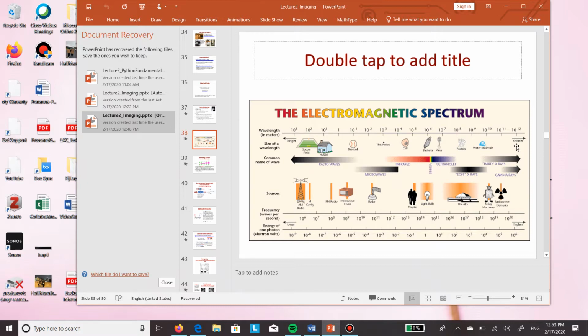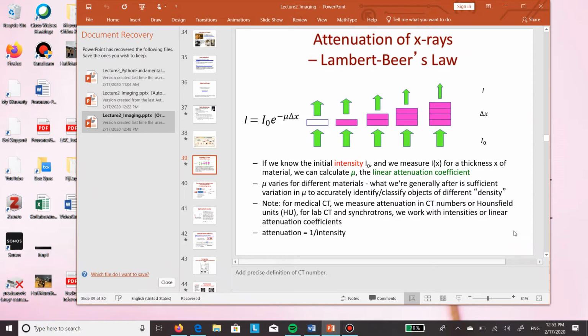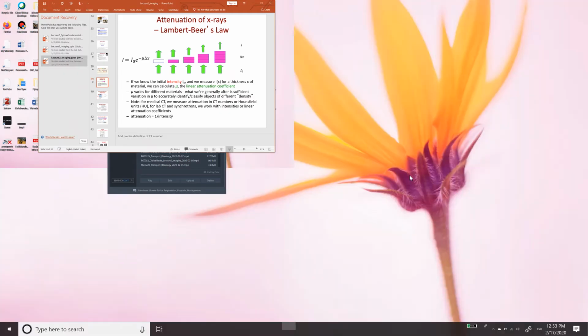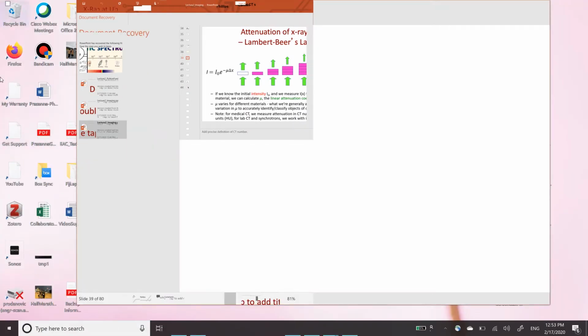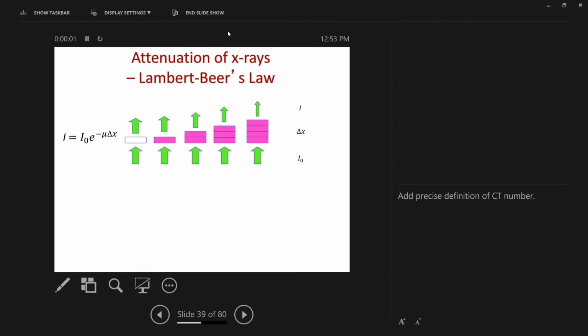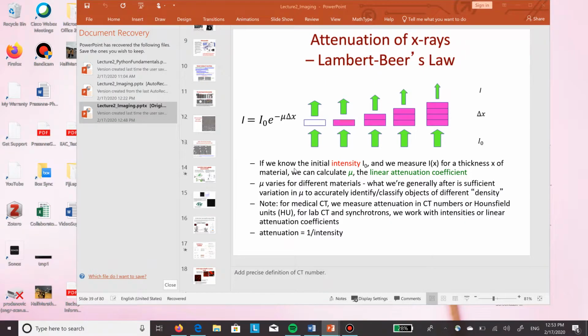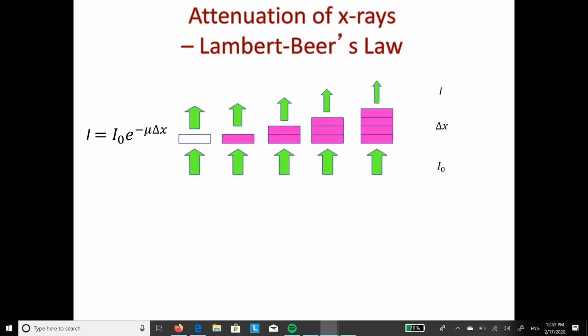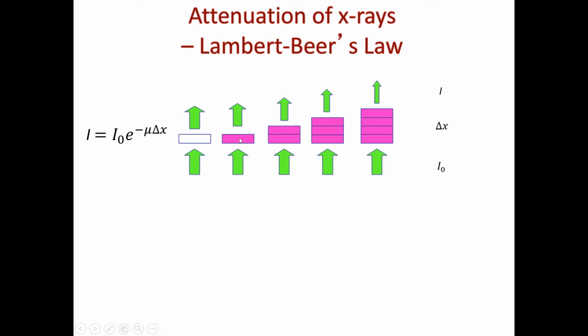Now, the simplest way that we imagine that they interact with this material is that we have an incoming intensity, and as I go through a certain material thickness, so this is specifically for X-rays, I'm going to attenuate, so what comes out is lesser.